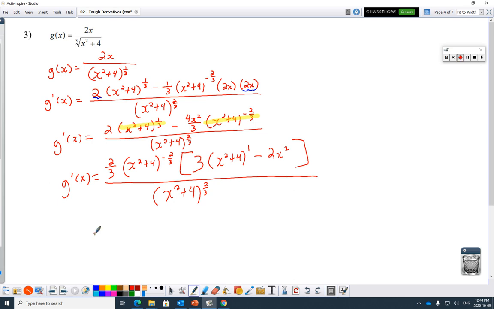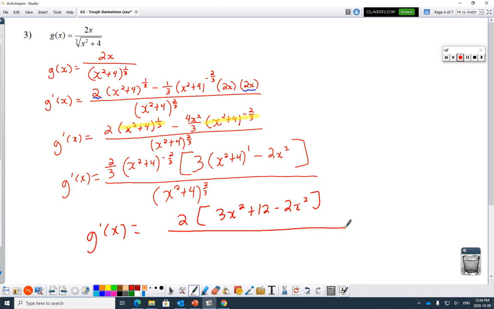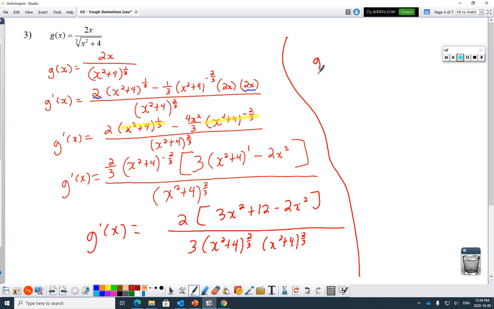Okay, so g prime at x equals 2 bracket 3x squared plus 12 minus 2x squared. Here's the numerator. The denominator is 3 times x squared plus 4 to the 2/3, x squared plus 4 to the 2/3. You process that, and I'll get the last step done here.